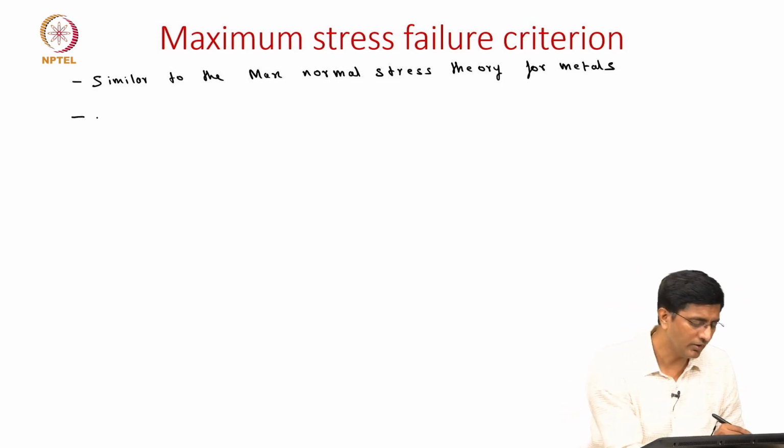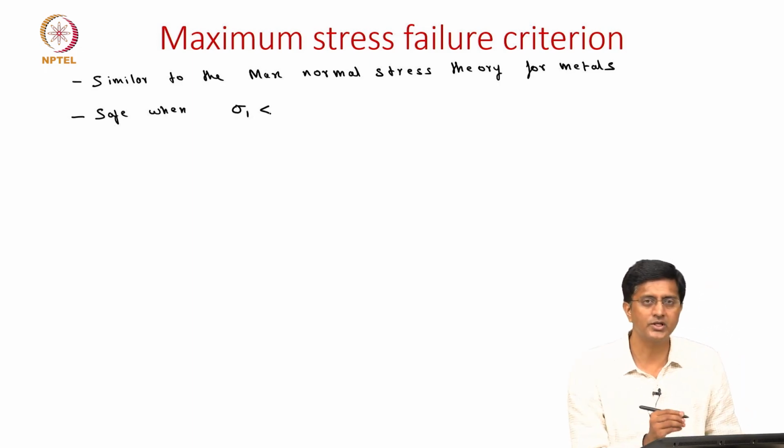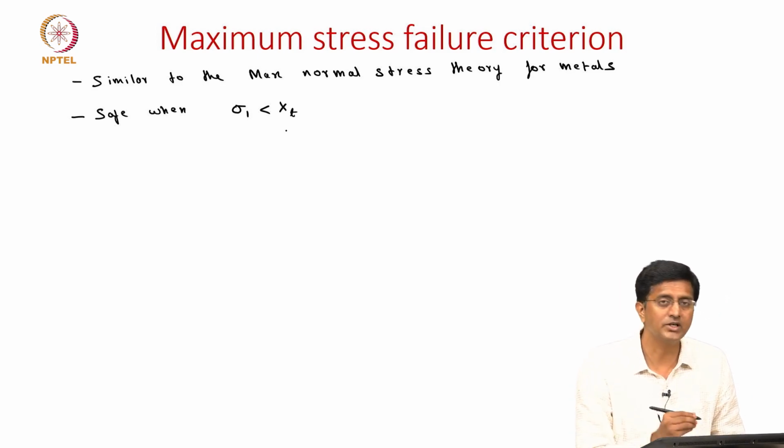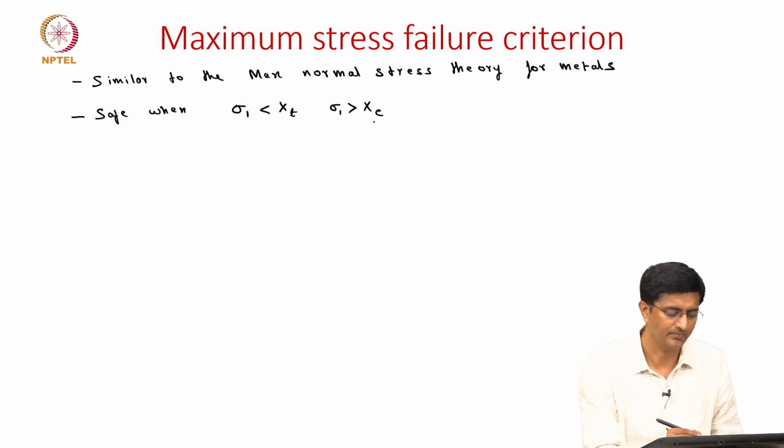We say it is safe when sigma 1 is less than the failure strength, let's first start with tension, which is Xt. But if the loading is compression, then sigma 1 should be greater than Xc.